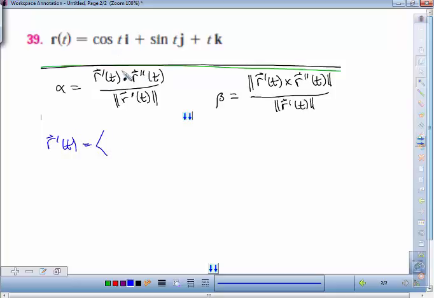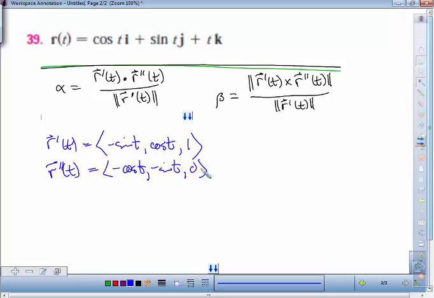So the derivative is negative sine t, cosine t, 1, and then the second derivative is equal to negative cosine t, negative sine t, and 0. So that 0 looks nice.